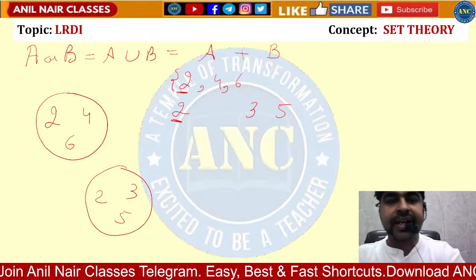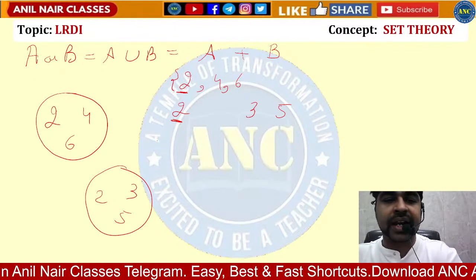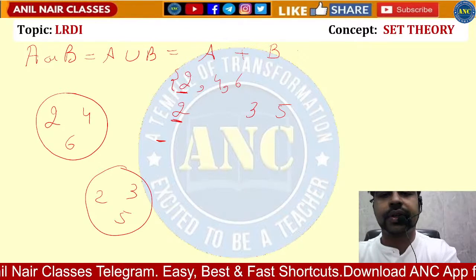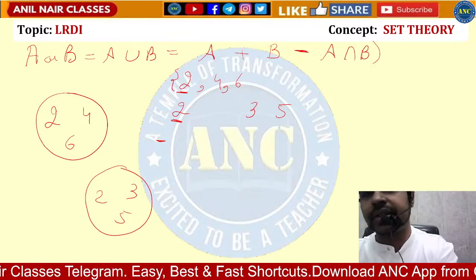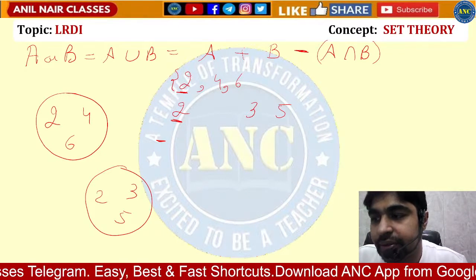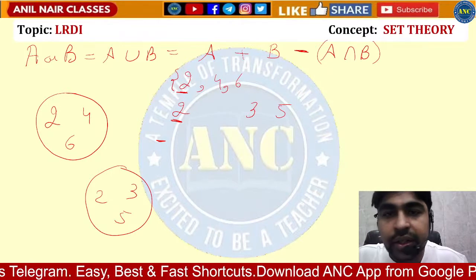So what I am getting double time, I have to subtract. If I subtract this by A intersection B, then what will happen?